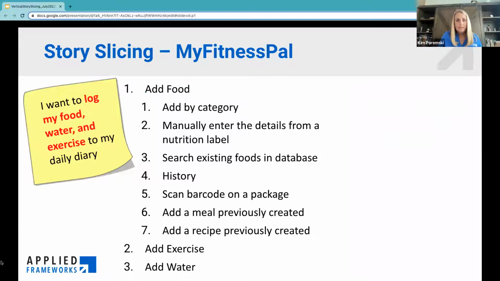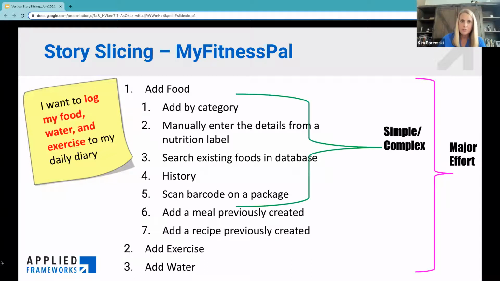If I take that, now look at all of these potential user stories that I have just created. I have my major effort, food, exercise, water, but now I have this kind of simple, complex path through the system in terms of how to log food, because certainly manually entering something is going to be a lot simpler than building in the capability to scan a barcode.